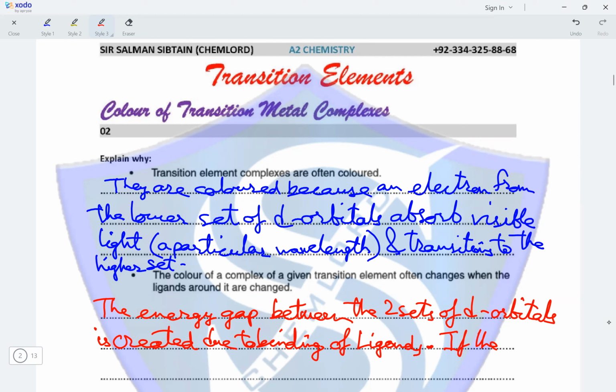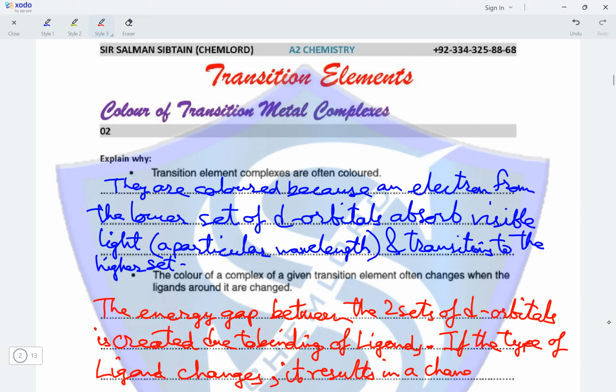If the type of ligand changes, it results in a change in the energy gap.